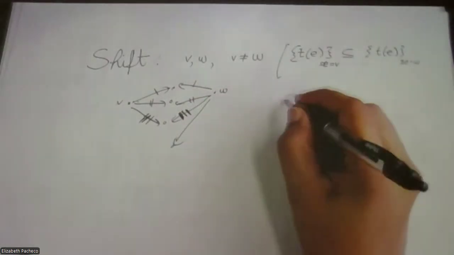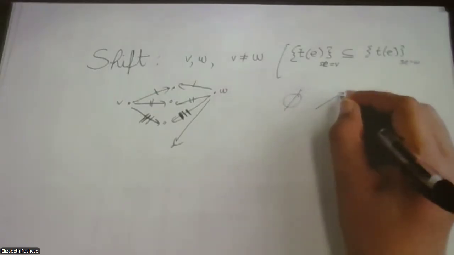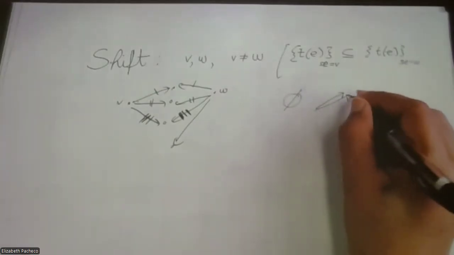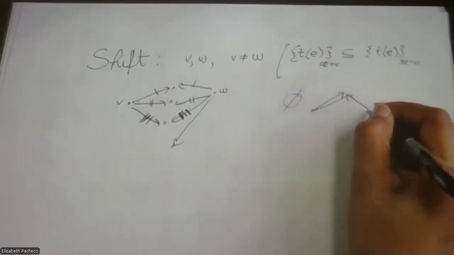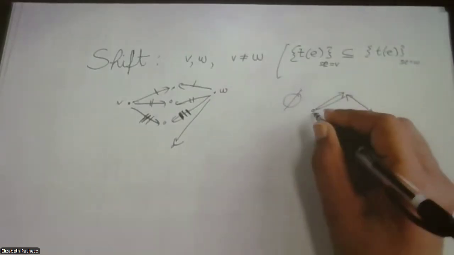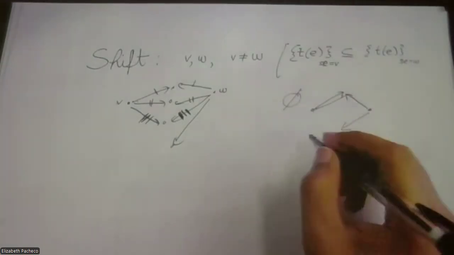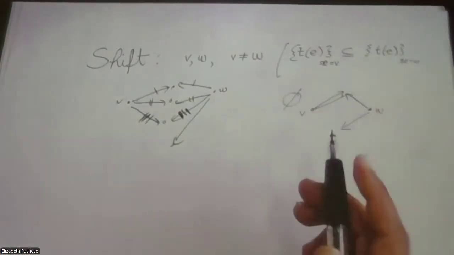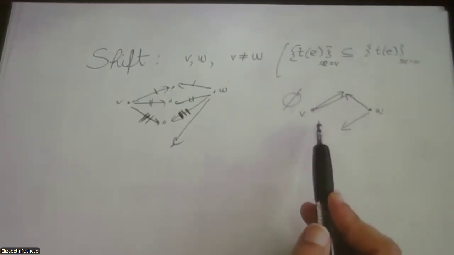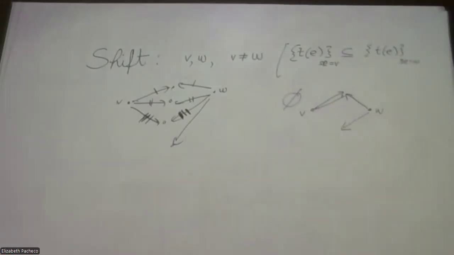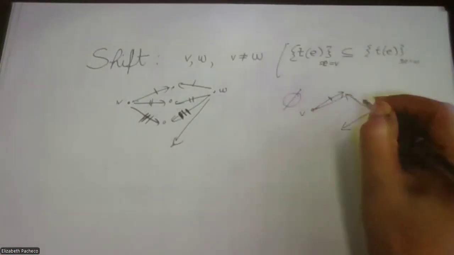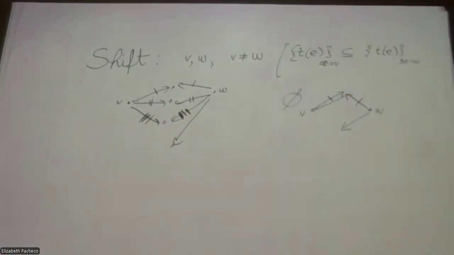But just to show you a non-example, if I had two arrows going here and one arrow coming here, then for this V and W, yes, the targets of arrows coming from V are a subset of the targets of arrows coming from W. But I can't match these arrows up bijectively, because as soon as I match this single arrow to this single arrow, I don't have another arrow from W to work with.